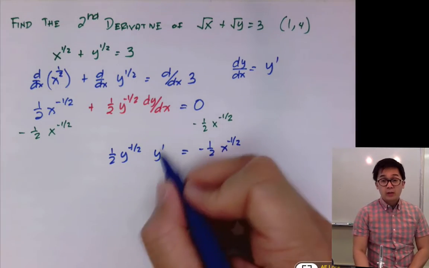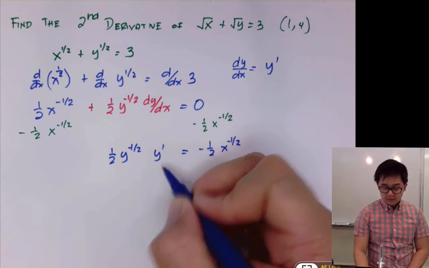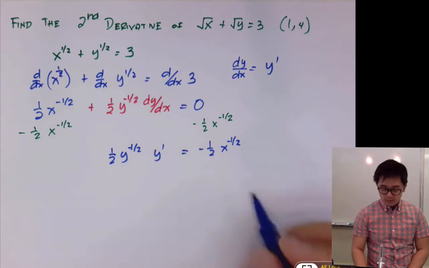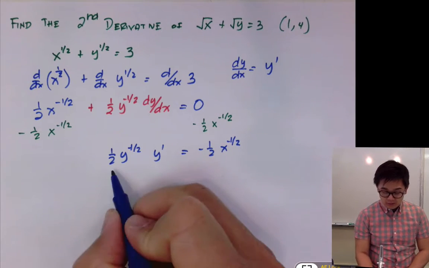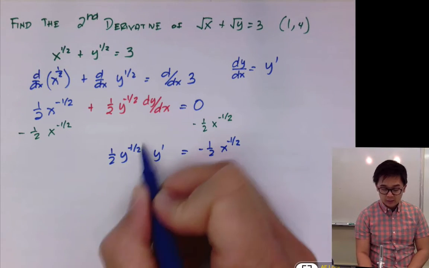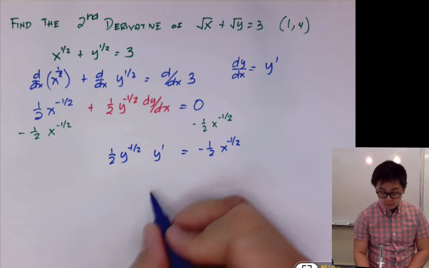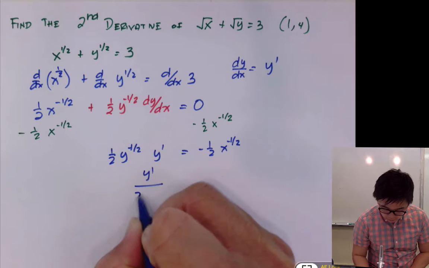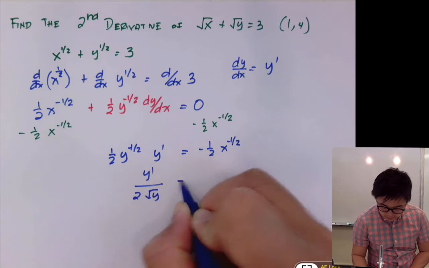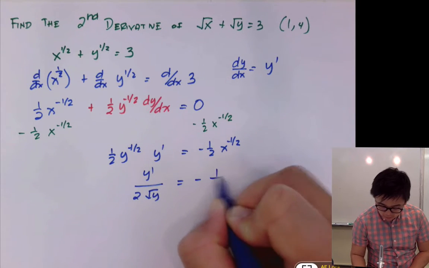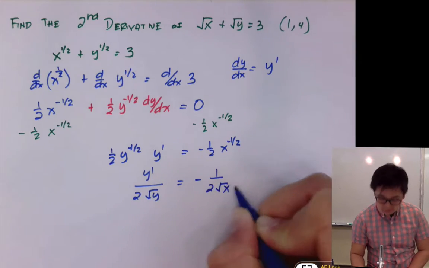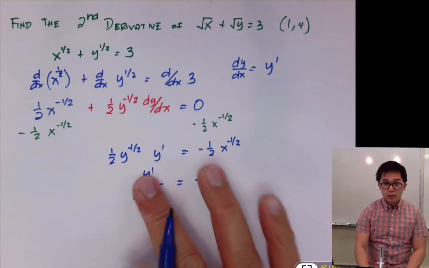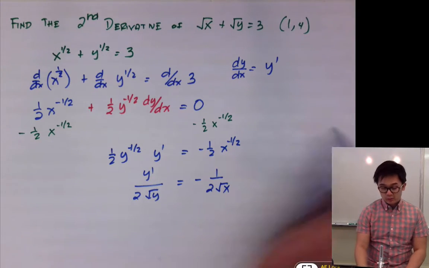Now notice that I changed my dy/dx into y prime because I can easily set up my equation to isolate my dy/dx by doing this method. So by changing my exponential function into its radical form, I'll have y prime all over 2 square root of y equal to negative 1 all over 2 square root of x. And by doing so, I'll be able to isolate y prime using ratio and proportion.